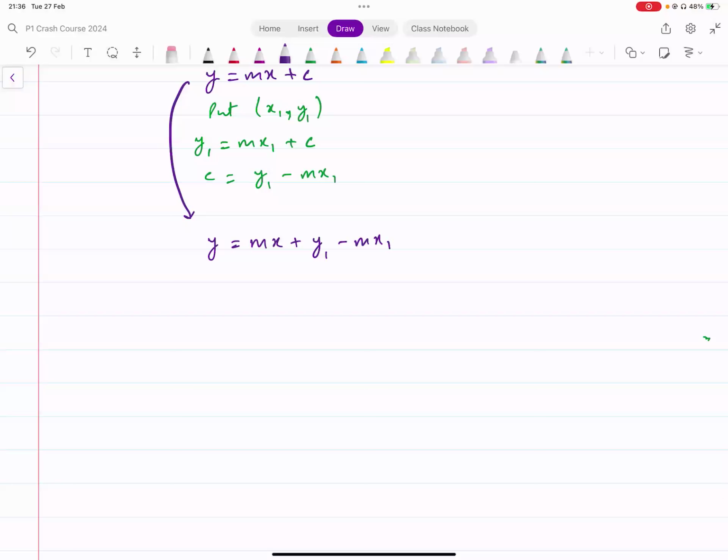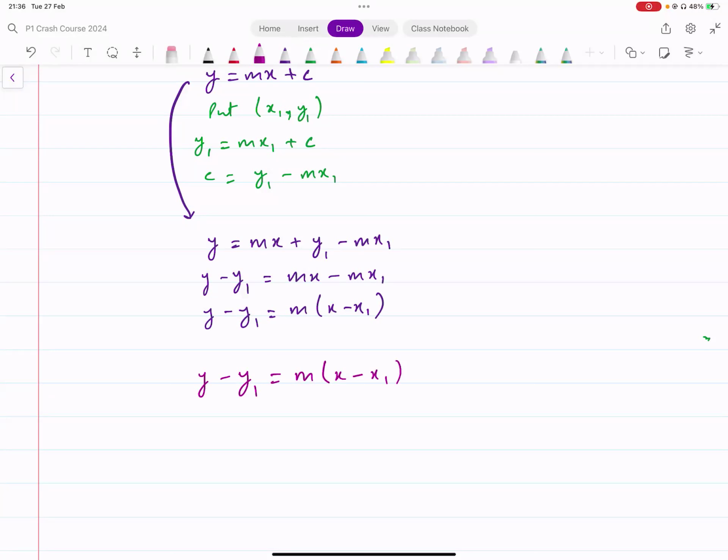Now, if you just rearrange this, you get y minus y1 equals mx minus mx1. And if you take m common on the right side, you get y minus y1 equals m into x minus x1. Now let's generalize this: y minus y1 equals m into x minus x1.